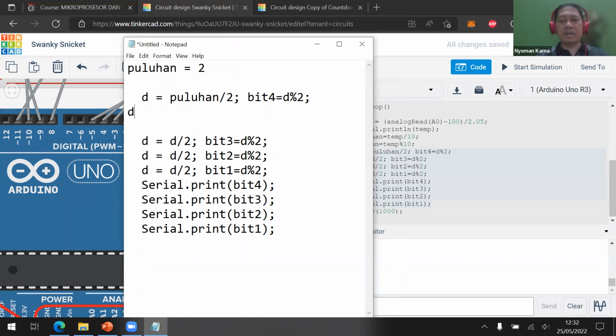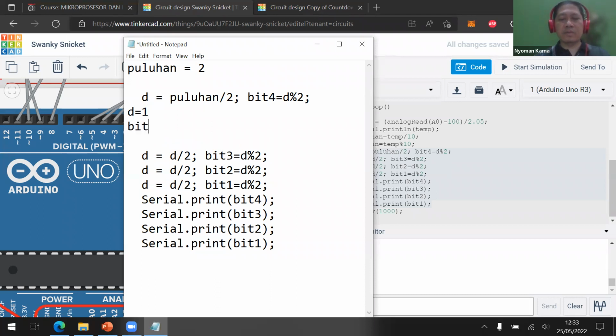So D will have the value of 2 divided by 2, which is 1. And then bit 4 is D modulo 2. So bit 4 is 0, because 2 modulo 2 is 0. That's actually correct.